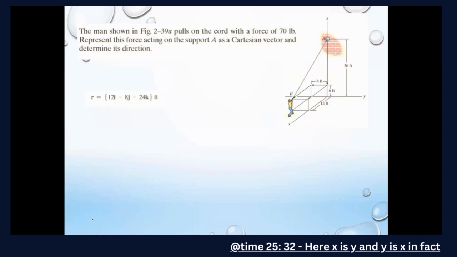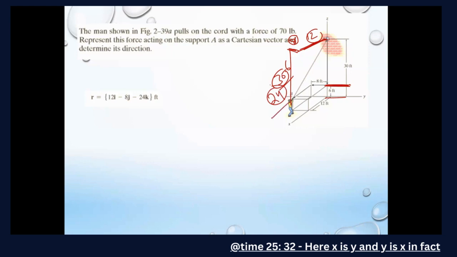So I will first move 12 units, then 8 units, and then down. So 12 is for X, 8 is for Y, and 30 is for Z. But it's not 30, because 30 is from here to the floor. I need to reach this height, so technically it is 30 minus 6. So Z should be equal to 24.